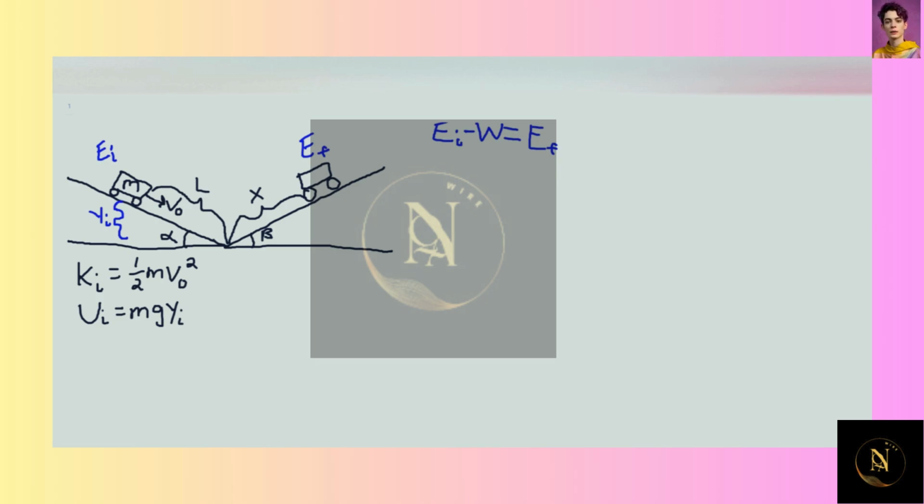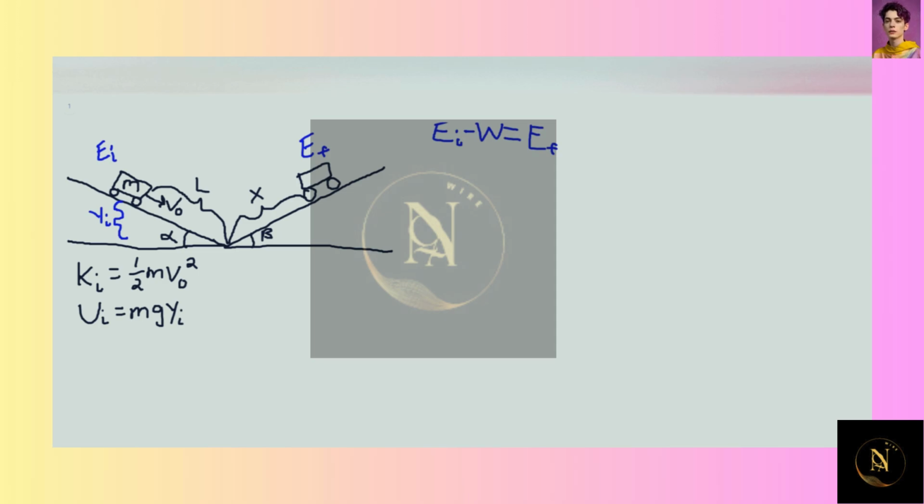Well, if we remember our trigonometry SOHCAHTOA, the sine of alpha is equal to the opposite, yi, over the hypotenuse, which in this case is the length L that the truck has moved down the ramp.